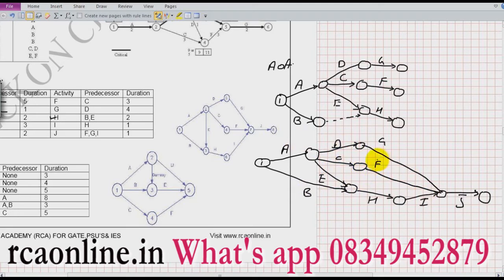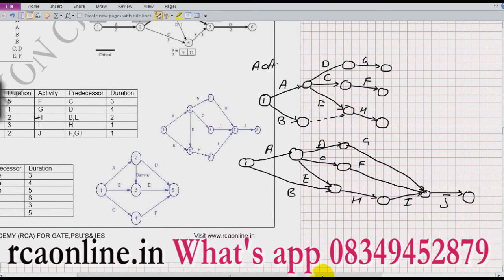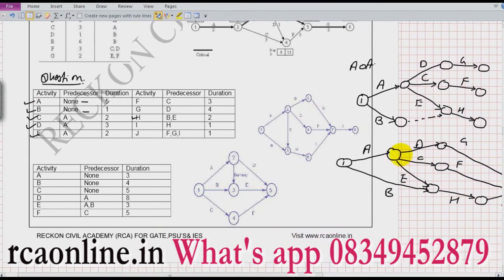Now you can see here that the length doesn't mean anything. It is just a representation. You can make it small or you can make it big. Now write down the durations of each.